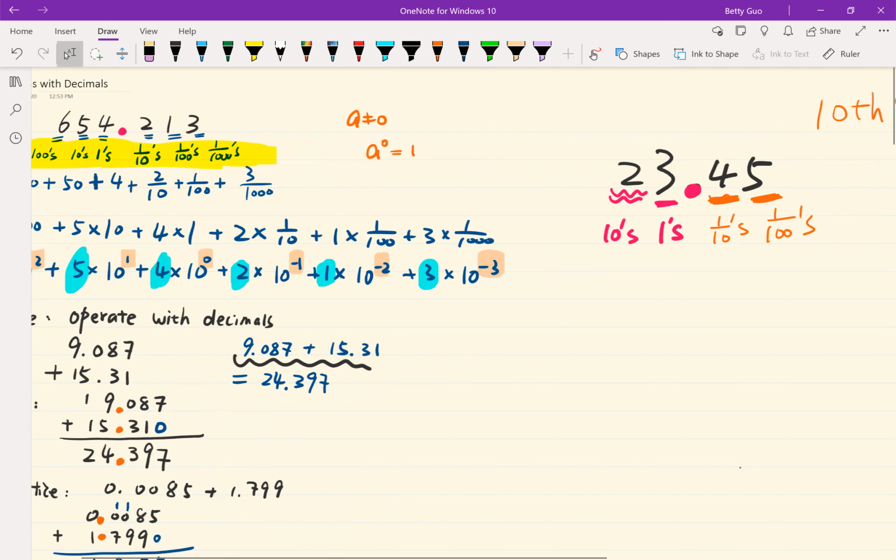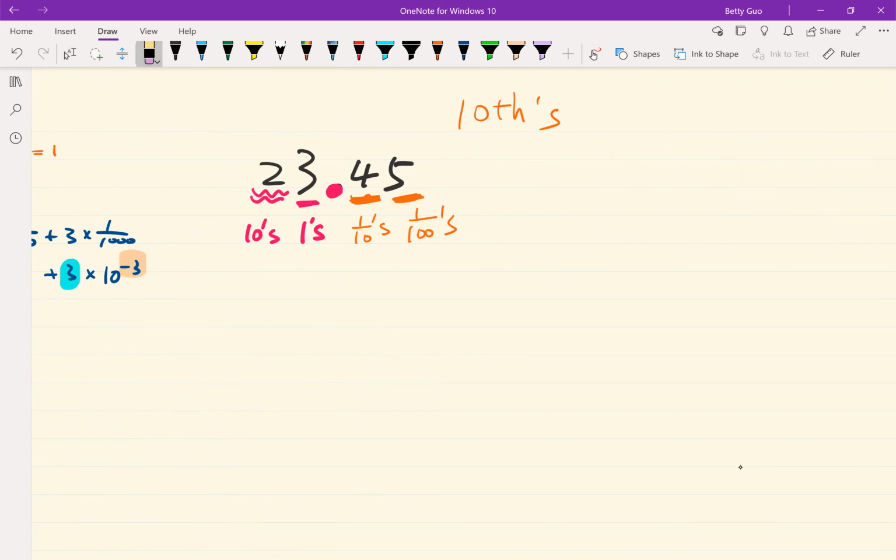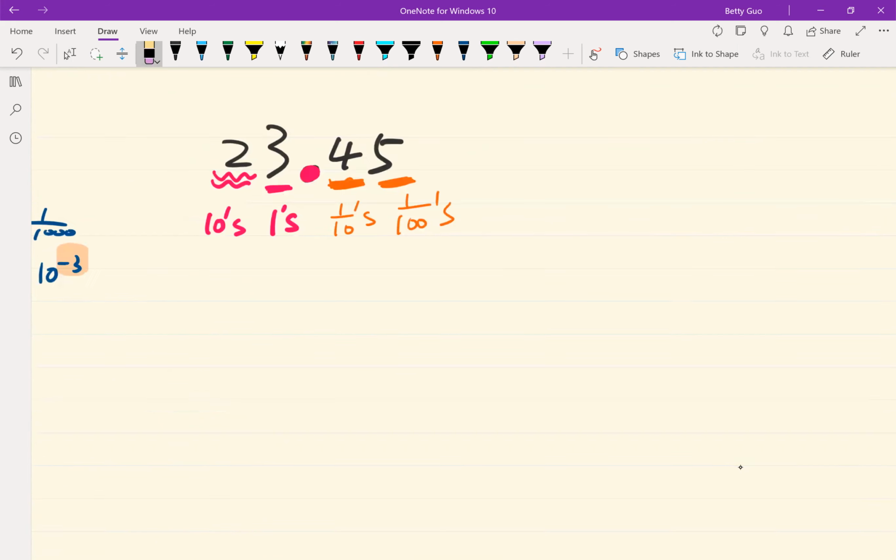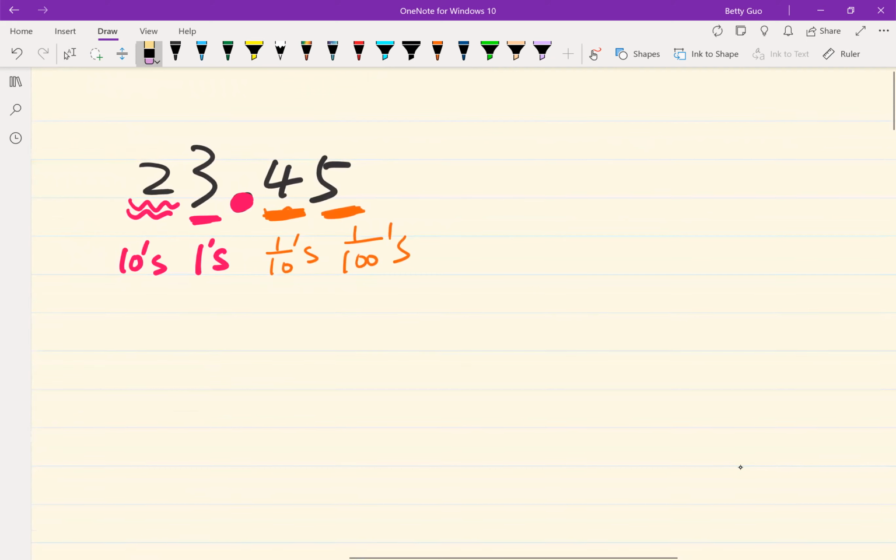So firstly, let's look at a decimal. 23.45. Let's pretend this decimal represents money. Like you buy something, you pay $23.45, right? The red dot is called the decimal point or decimal separator.